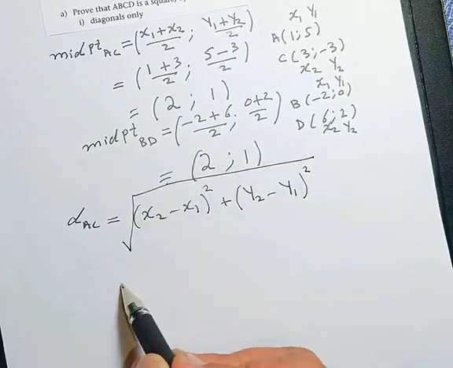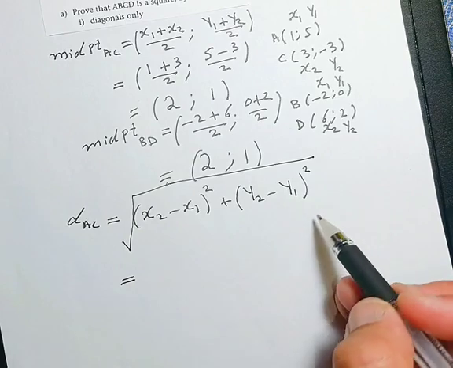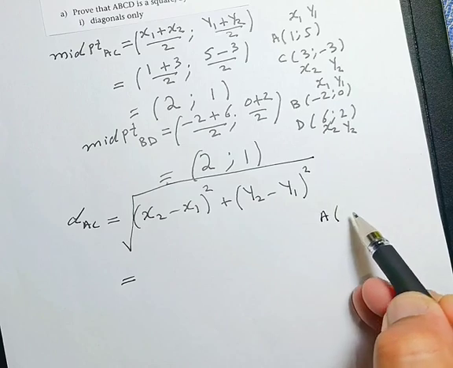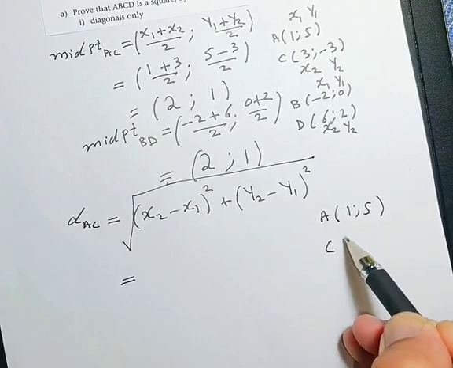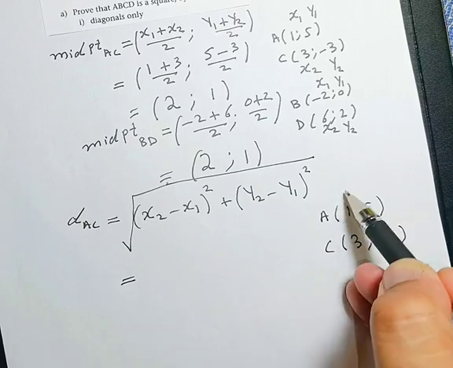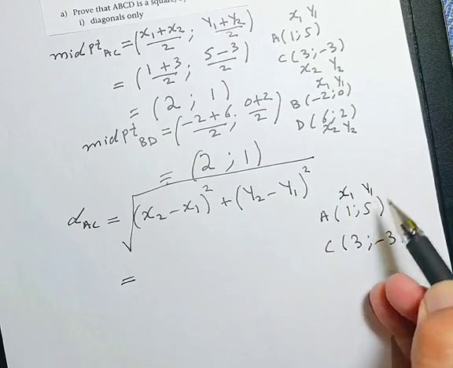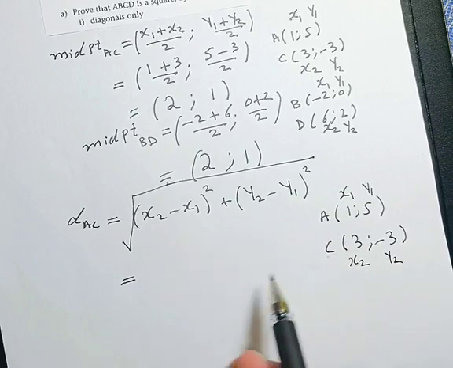Now the coordinates of A are 1 and 5, and C is 3 and -3. This is my x1, y1, x2 and y2. I plug all these values into this formula.